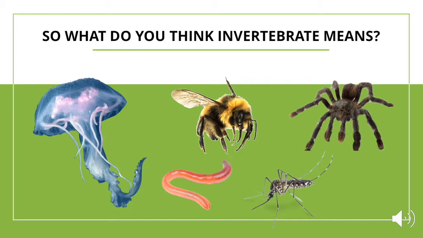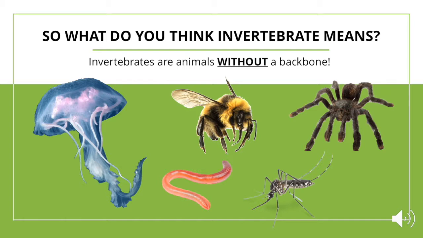Impossible means you can't do it. But if I take the im off, it means possible, which is the opposite of impossible. I can do it. Impossible, I can't do it. So vertebrate means I have a backbone, and invertebrate means I don't have a backbone, right? Invertebrates are animals without a backbone.